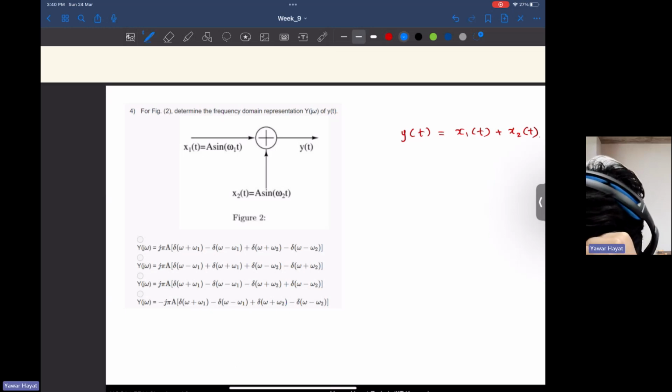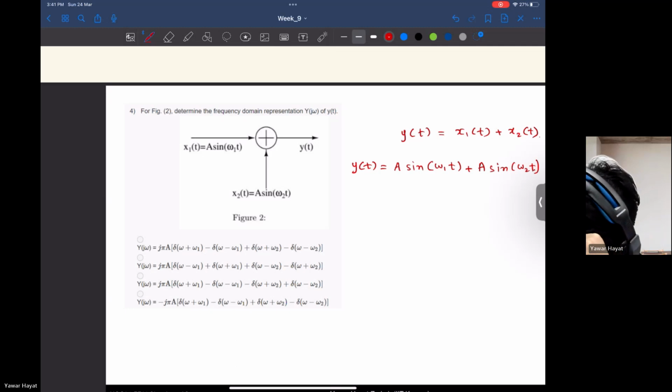So we can write this y of t as A sine of omega 1 t plus A sine of omega 2 t. Okay, then I'll express this sine in terms of complex exponentials.